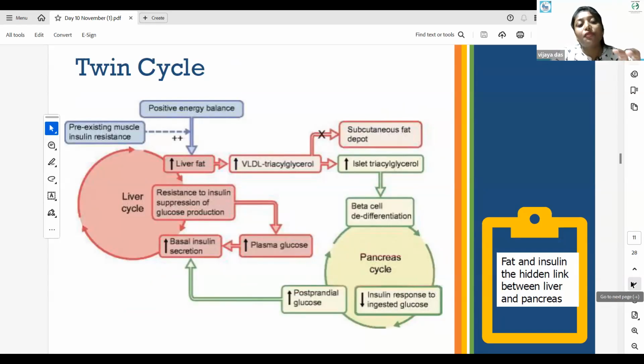It is noted that whenever there is a rise in glucose, that excess glucose will go to the liver and turn into fat, particularly VLDL and triglyceride. And this fat will cause lipotoxicity to the pancreatic cells, leading to reduced glucose stimulation, or what we also call insulin resistance. So the link between these two is fat and insulin.